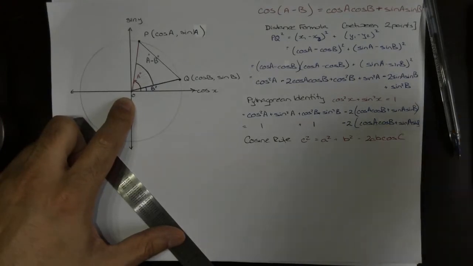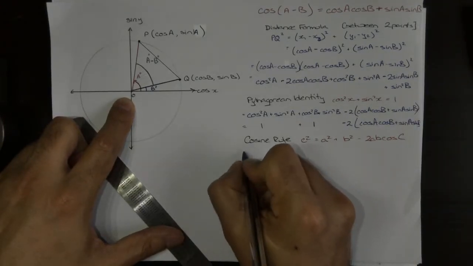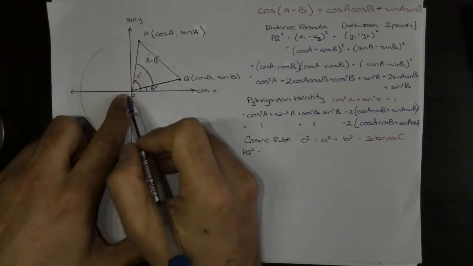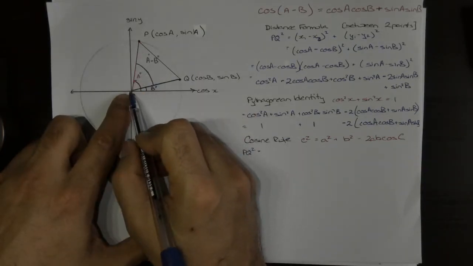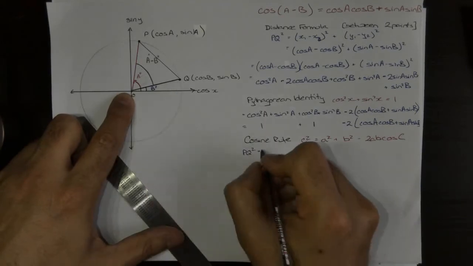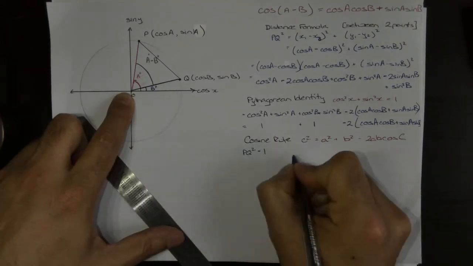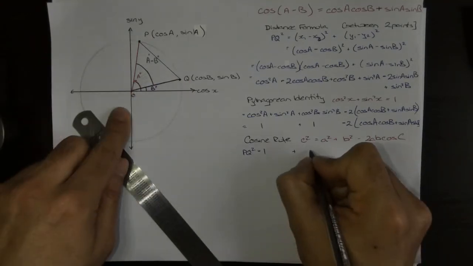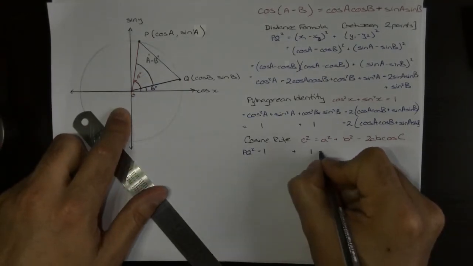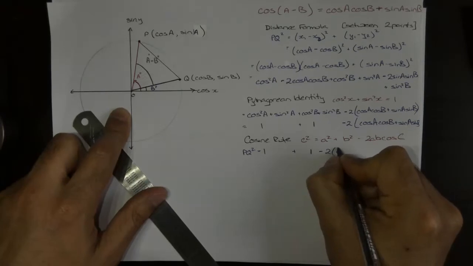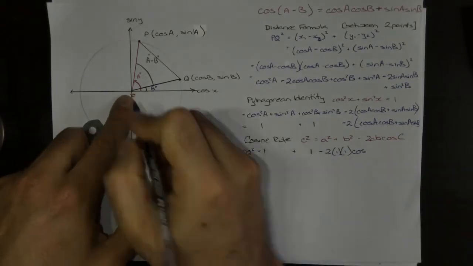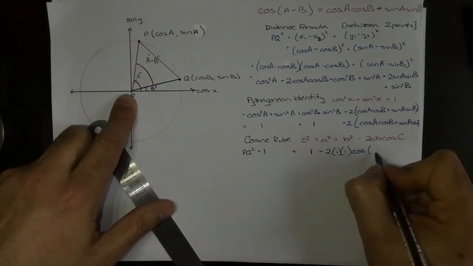Yeah, so that's c squared. So PQ. Now remember that this is the unit circle, so the distance from the center to the circumference is 1. So that's a, and then that's b, minus 2ab. Now that middle angle was A minus B.